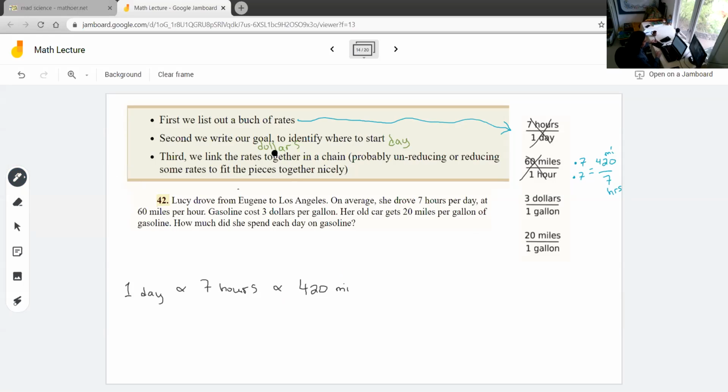Can I get from miles to the dollars I want? Where's miles? There's miles. No, miles gets me to gallons. What do I need to multiply by to get from 20 to 420?